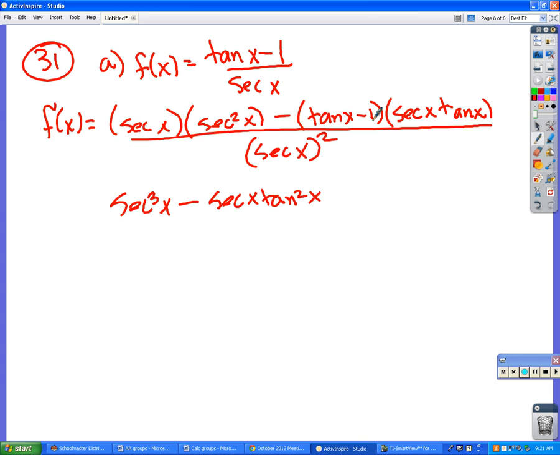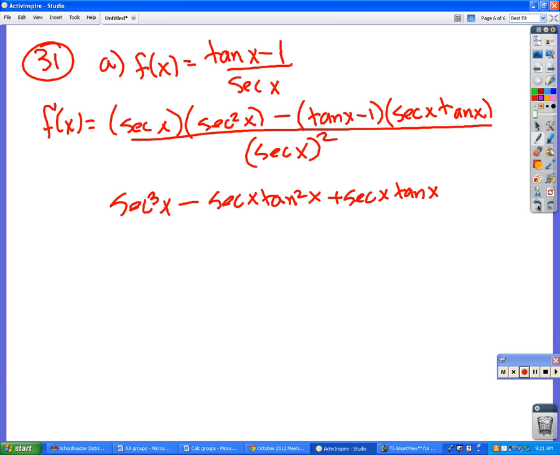And then I'm going to go plus 1 times secant tangent, which is just going to be plus secant x tangent x. All right? Why does this secant multiply by tangent squared of x? Because to get that term, we went this thing times that. So tangent times secant x tangent x is secant tangent squared. That's not a plus sign. No, it's not a plus sign. Okay?